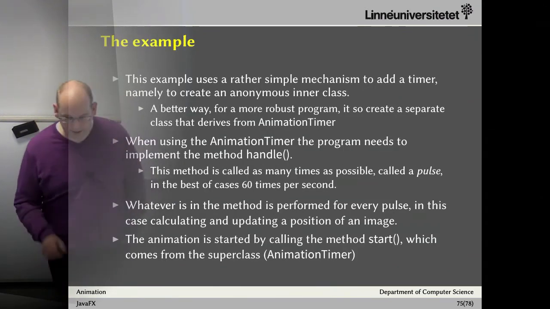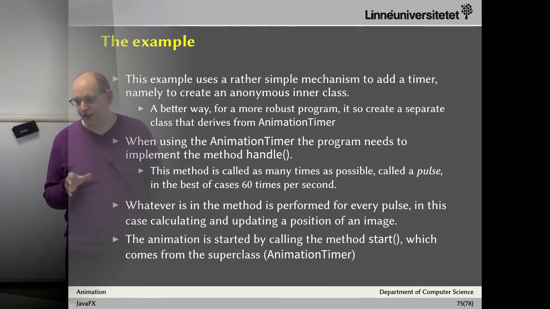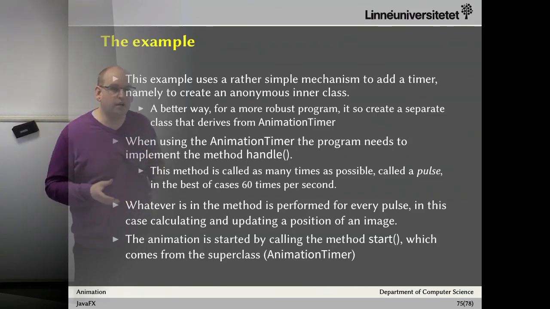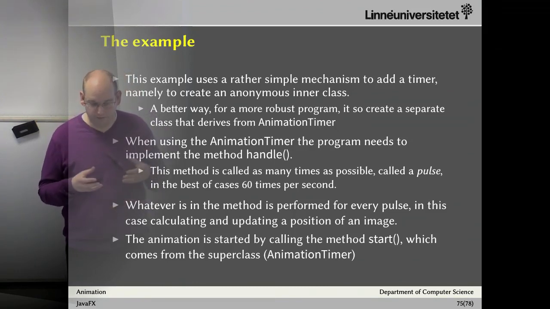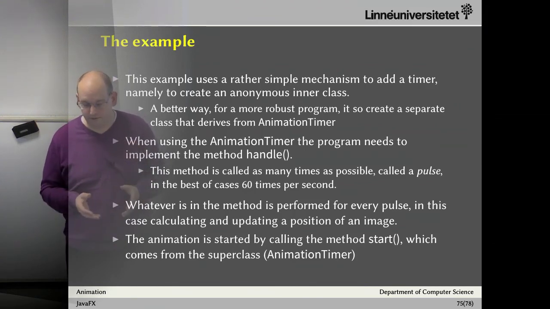I made an example, and I wouldn't say it's cheating, but it's a simpler way of doing it. In this example, I will create an anonymous inner class, which just makes some animation.